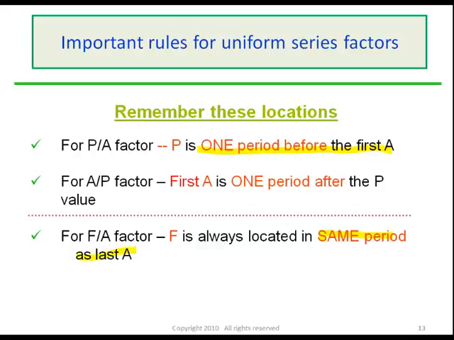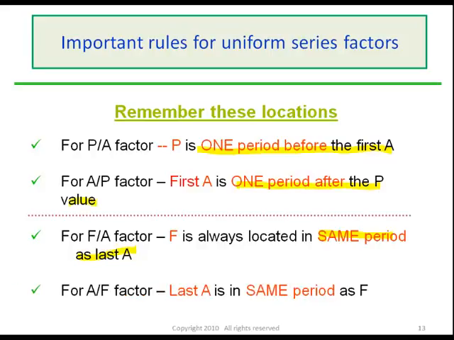Concerning the series A, it always starts one period after P occurs. And the A series will always stop at the same time as F occurs. If you remember these simple location rules, you will never incorrectly use the factors or the functions from the viewpoint of cash flow location.